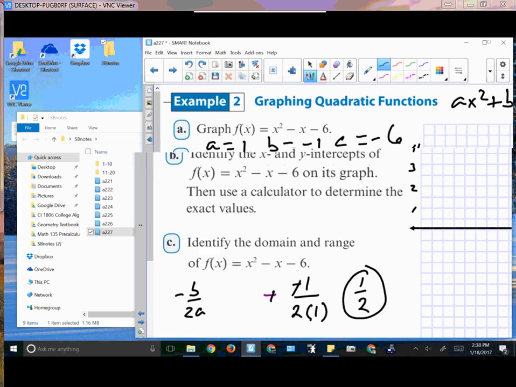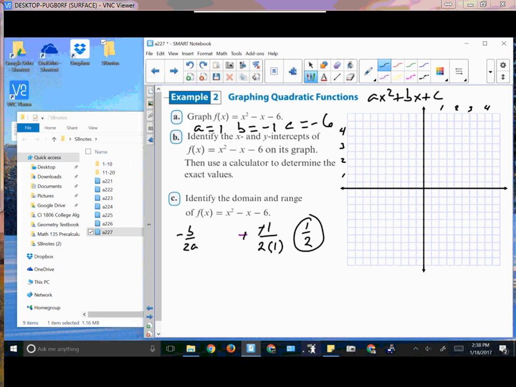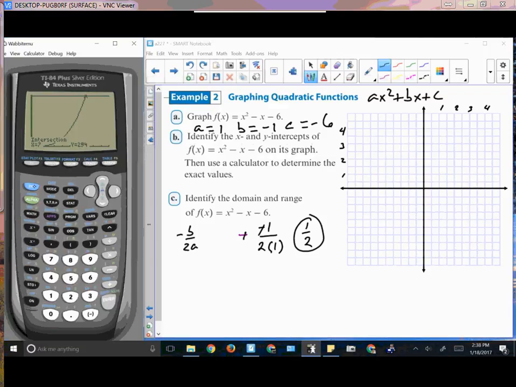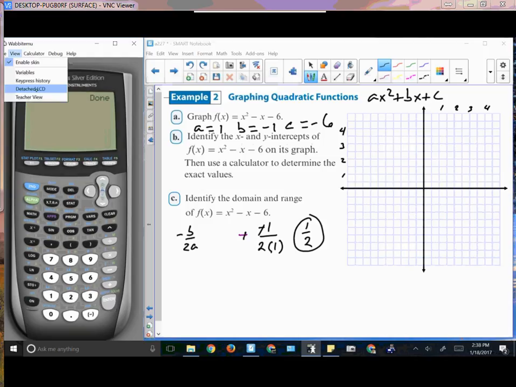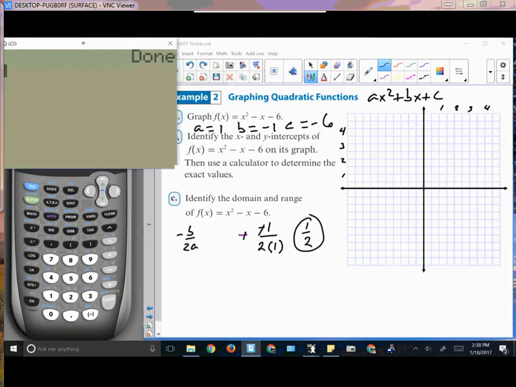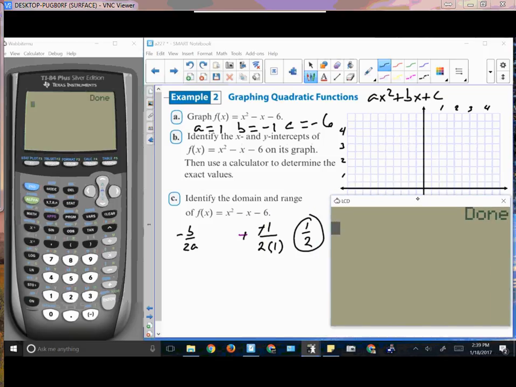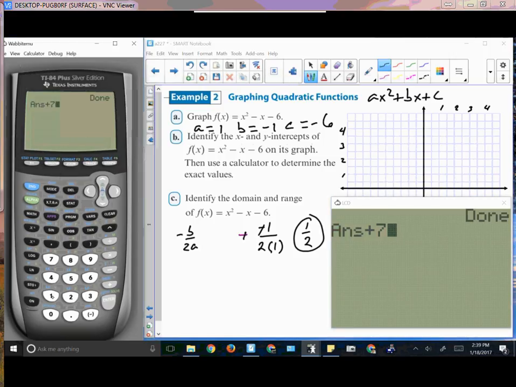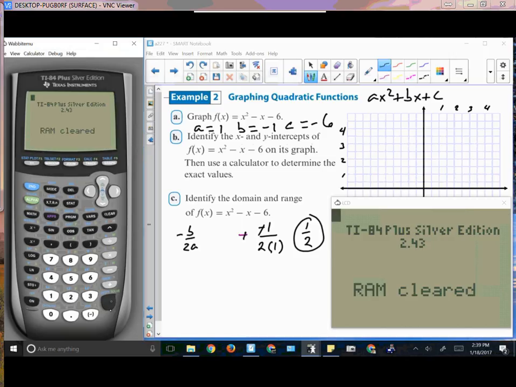So, calculator. So, reset. So I've reset it.